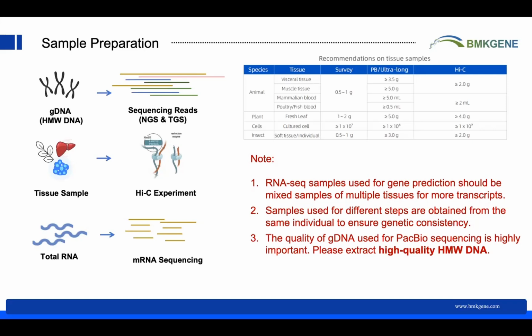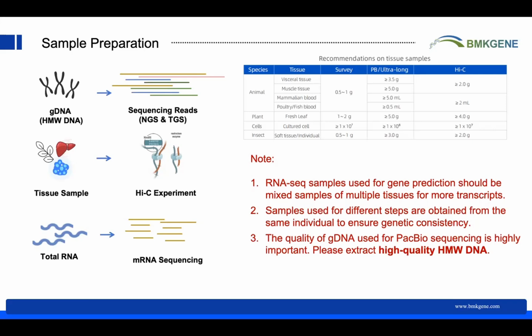And also for the samples from the different sources, we recommend obtaining them from the same individuals to ensure that the genetic information is the same across the samples. Then we will cause less data wasting when we do each part.